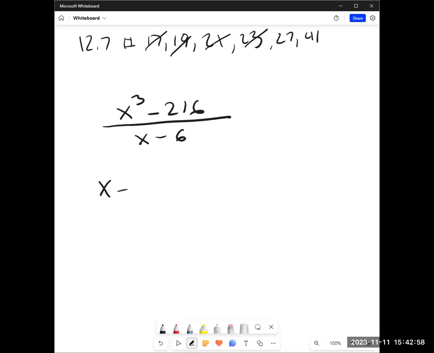But you write the x minus 6 on the outside. We want to make sure that we represent every missing degree in the dividend here with a 0 coefficient, so we have all of our powers represented.